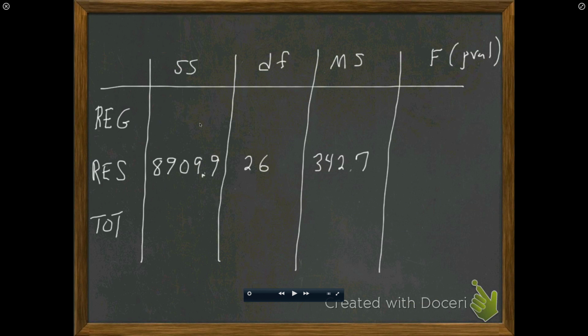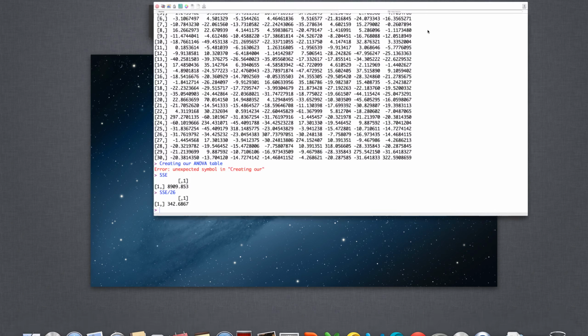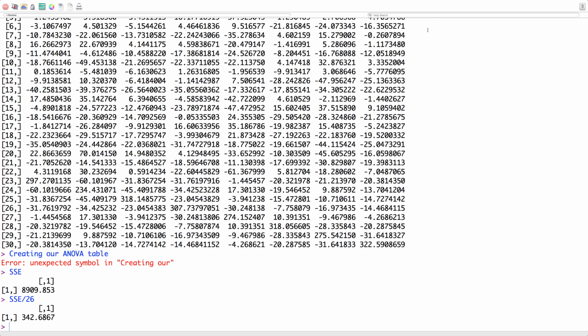Some people think the regression sum of squares is easier to find. We're not doing it by hand, so I don't think it's a major deal. So I'm just going to find the total sum of squares. And remember, if we can find one of these, all we have to do is subtract the residual sum of squares from the total to get the sum of squares for the regression. So let's go do that. So, guys, what I'm going to do now is the sum of squares for the total.